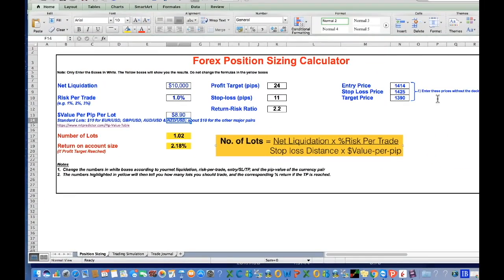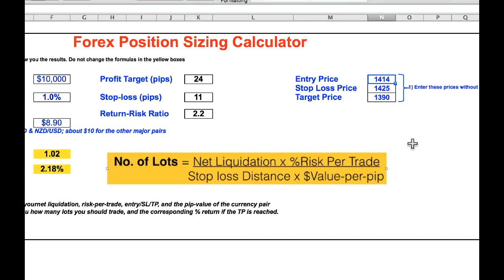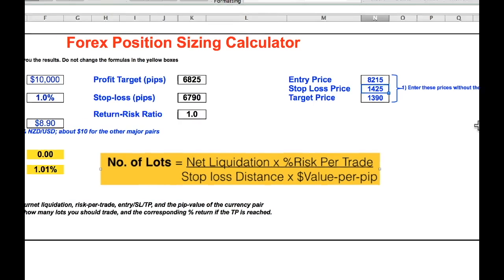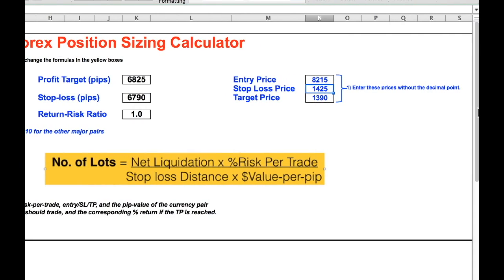And what you do is you key in your entry price, whatever your entry price is. Say your entry price is 8215, and you only enter it without the decimal points. Avoid the decimal points. So entry price 8215, stop loss say 8205, and then profit target 8230.